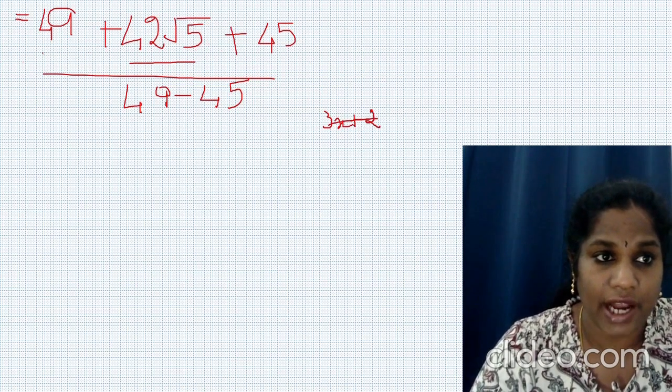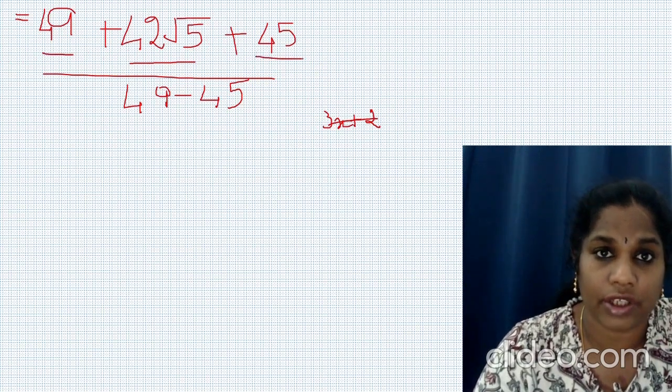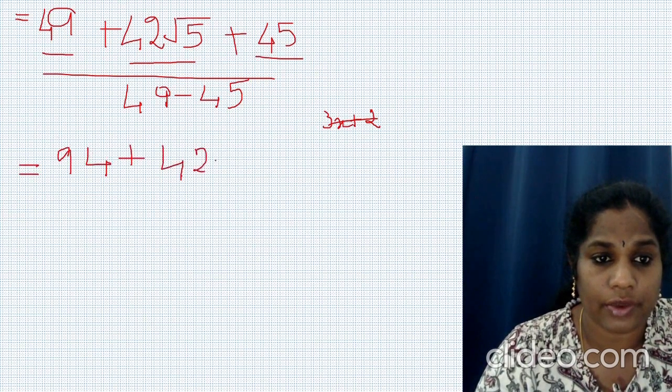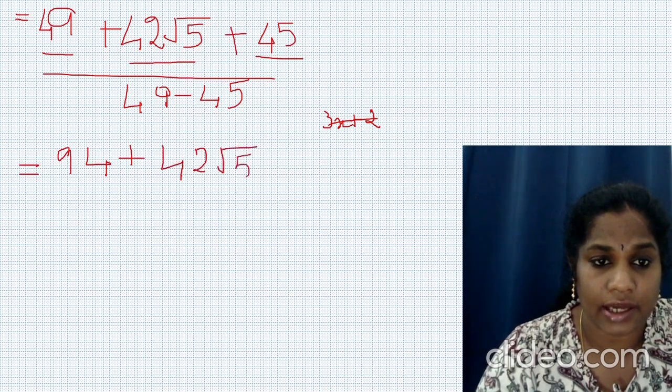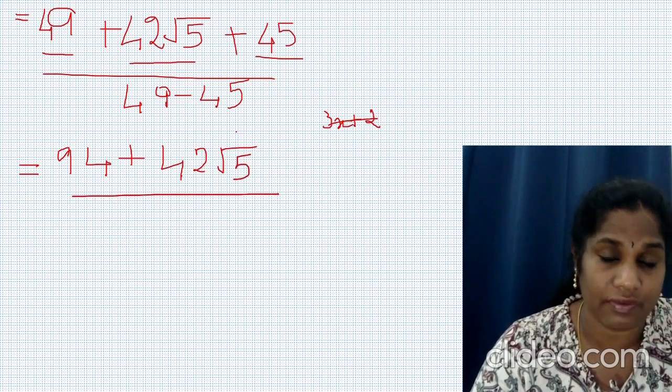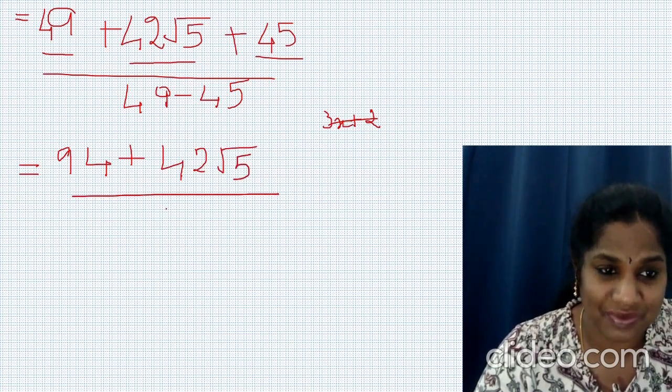Okay, so we will be adding only 49 and 45. This will become 94. 94 plus 42 under root 5, and our denominator will be 49 minus 45, which will be 4.